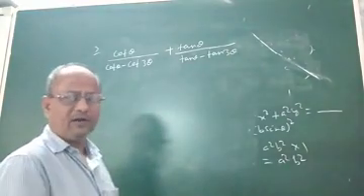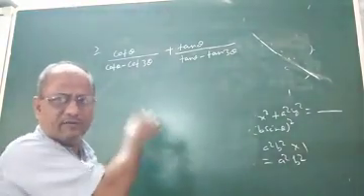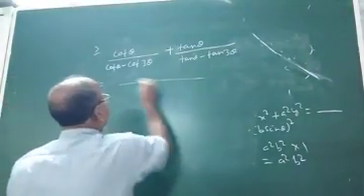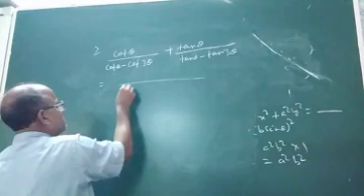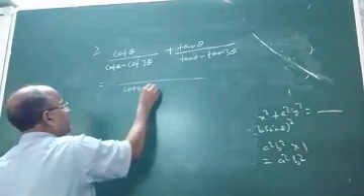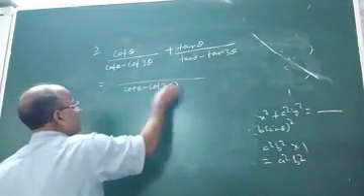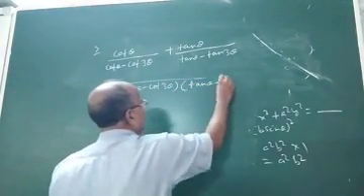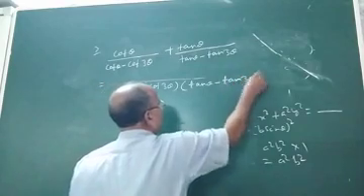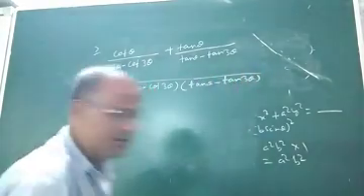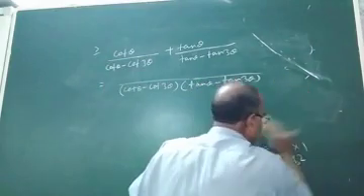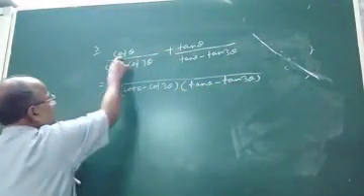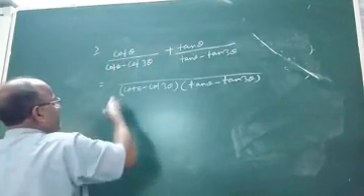To find its value, what will we do? Let us take the LCM. The LCM will be cot theta minus cot 3 theta into tan theta minus tan 3 theta. Now after taking LCM, we will divide the LCM by this denominator, and whatever is obtained will be multiplied by the numerator cot theta.